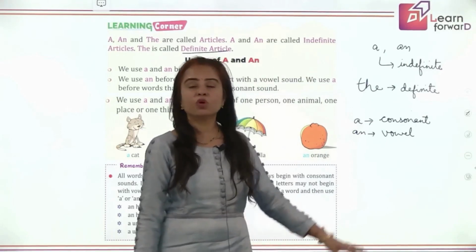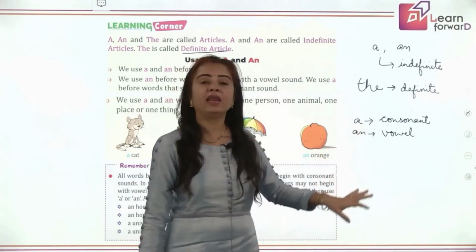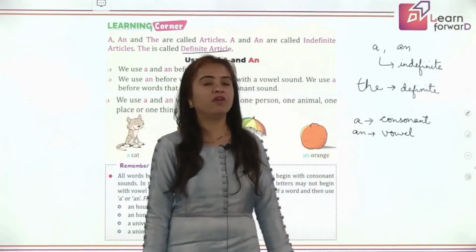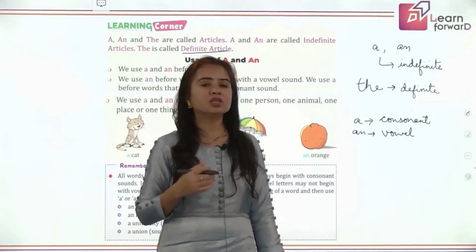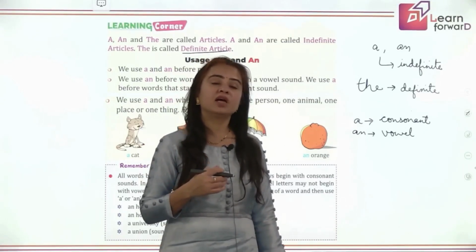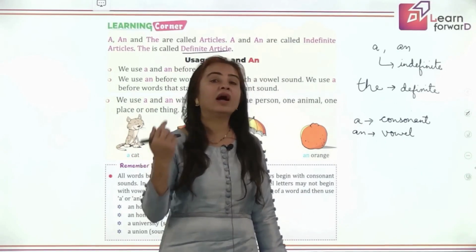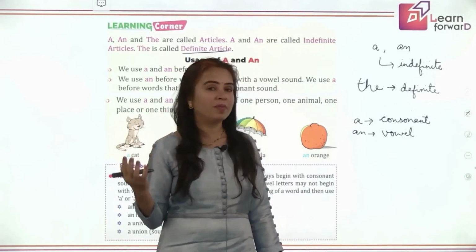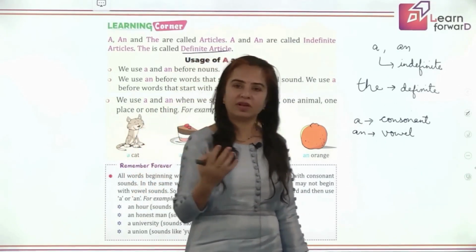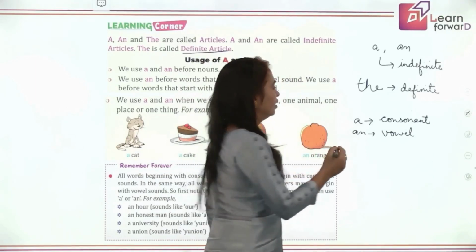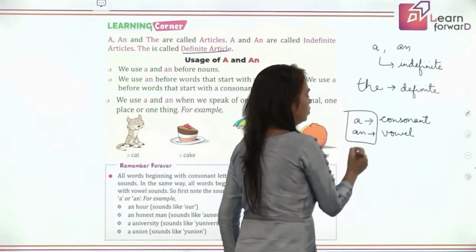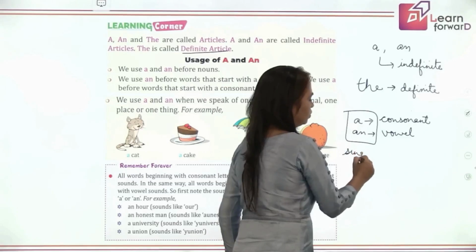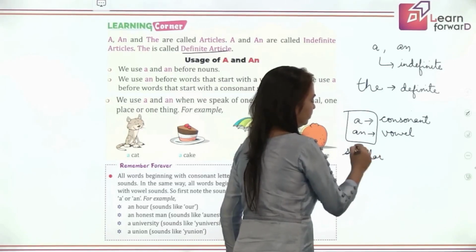So this is what you have to remember. A and an actually mean one. If I'm saying a boy is disturbing the class, how many boys am I talking about? I am talking about one boy, not many boys, right? So a and an both are used for singular nouns. First thing is this.